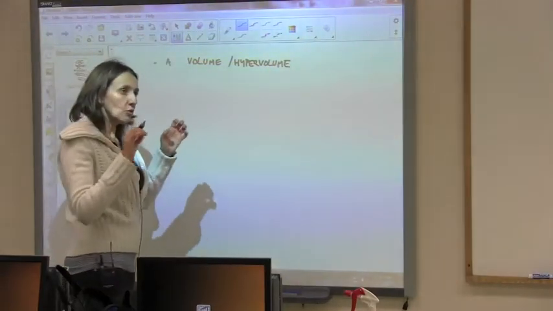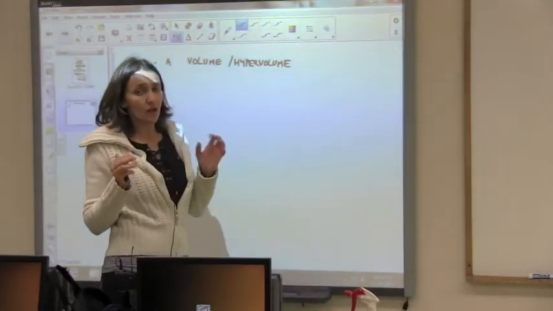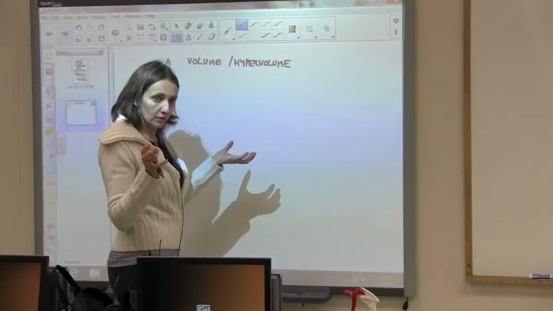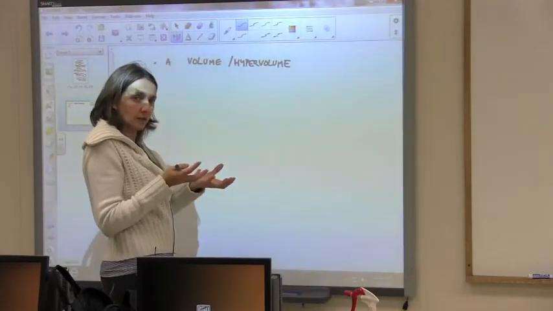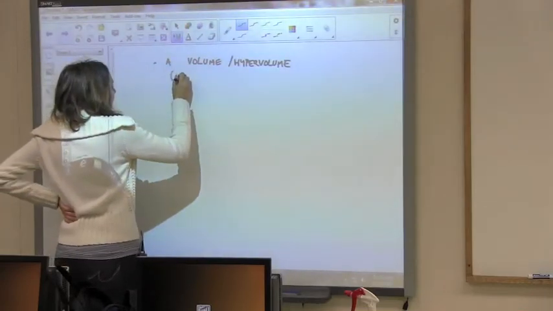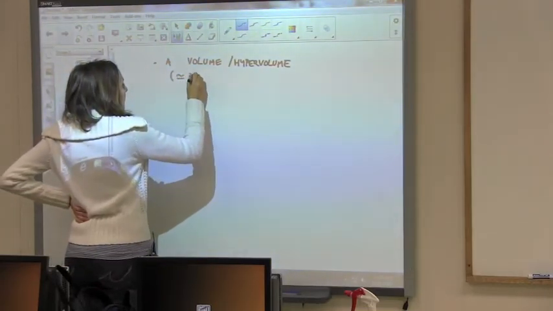And what that means is that it defines kind of the traditional workspace. You want your robot to be able to reach all those points within that volume. So it's equivalent to defining the workspace.